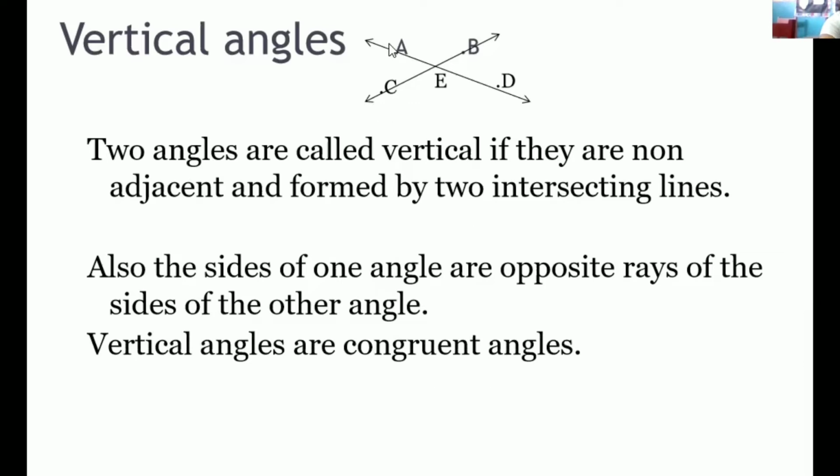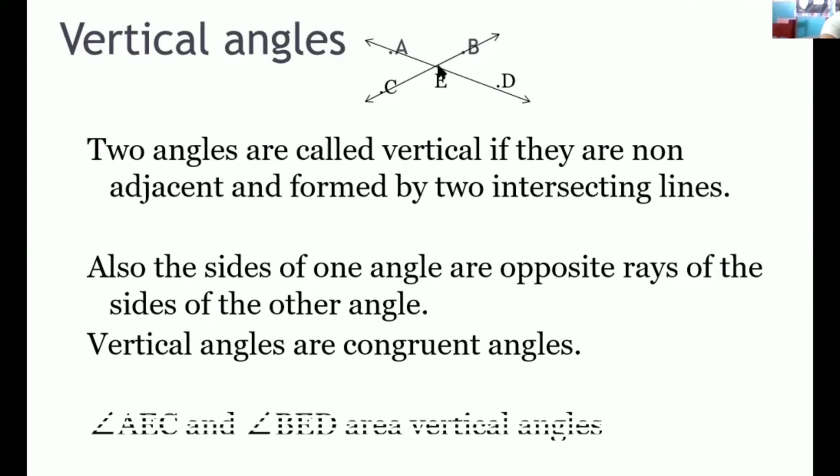We have angle AEC and angle BED. The opposite sides are EA and ED, right? So angle AEC and angle BED are vertical angles.